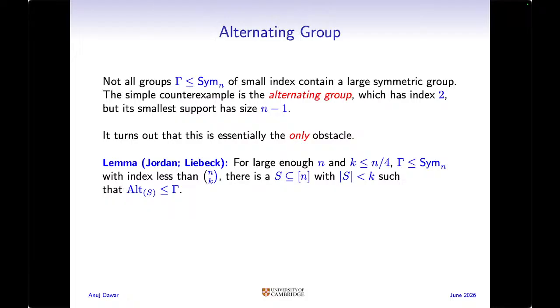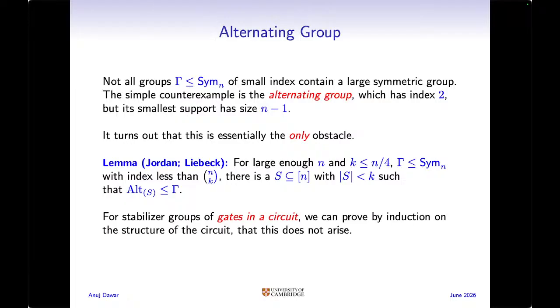So in the context of the circuits, as long as you can rule out the case that the stabilizer group of a gate is in fact an alternating group or contains a large alternating group, then it must contain a large symmetric group. And we can do this by an induction on the structure of the circuit, it turns out. This is why we know that essentially if you have polynomial size orbits, you have constant size supports.